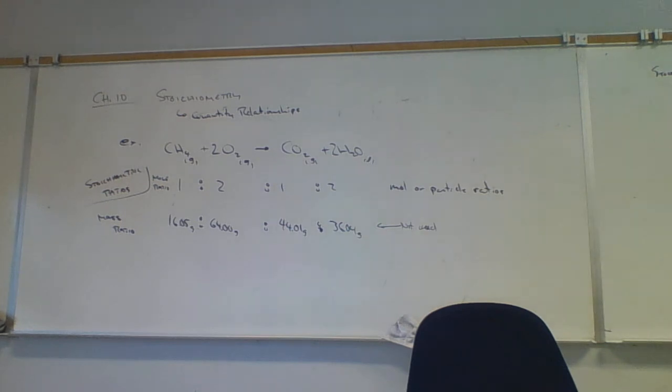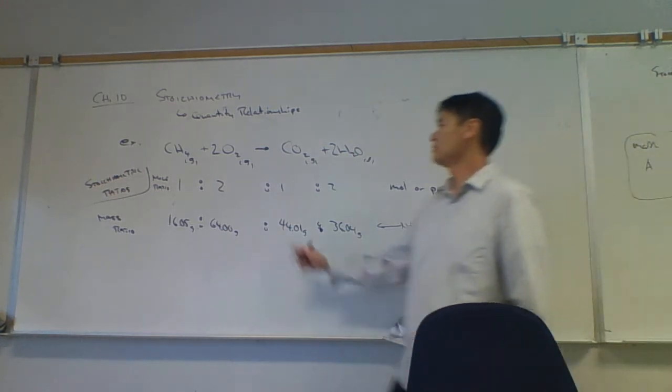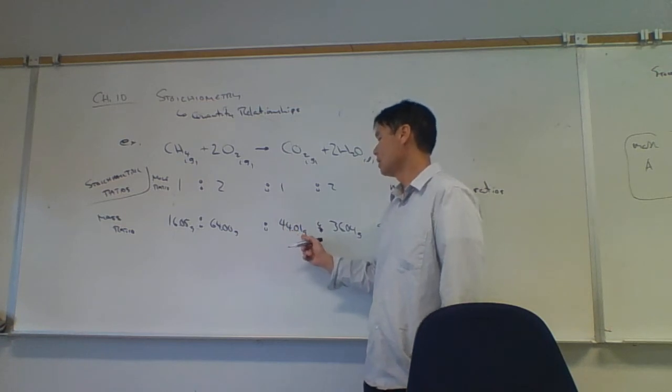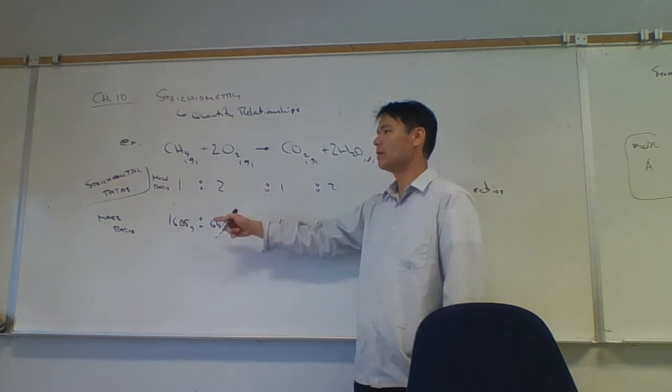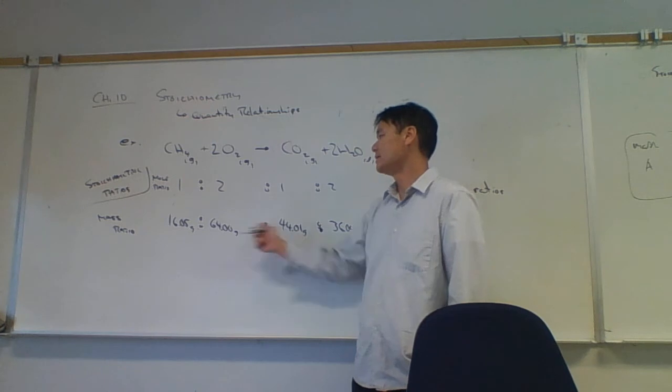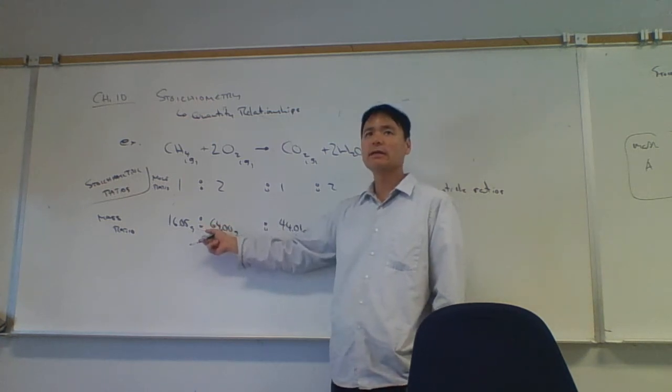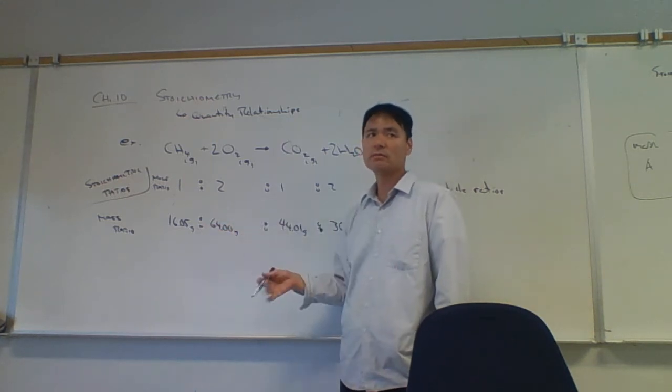The way we're going to do this is we're going to go from the mass of A to the moles of A. We could go from the mass of A, let's say if I had 44.01 grams of CO2, how many grams of methane do I need? I need 16.05 grams of methane. We could use the mass ratio, but it's too inconvenient.